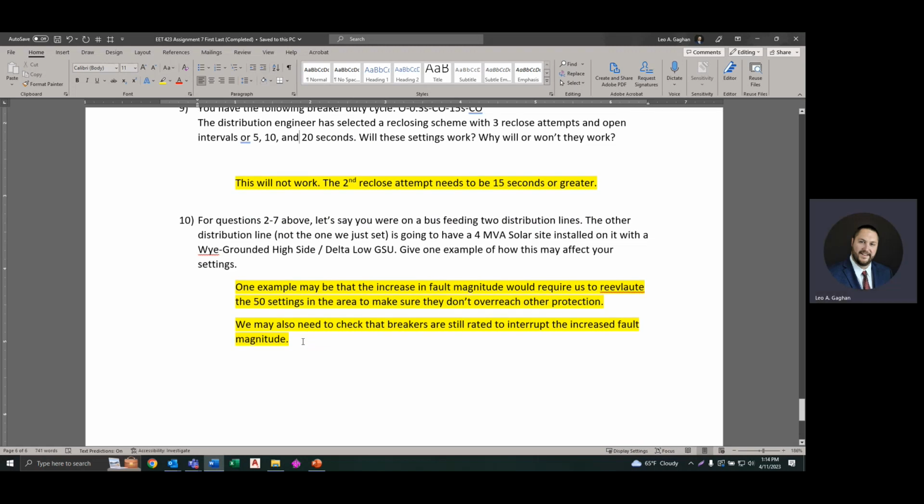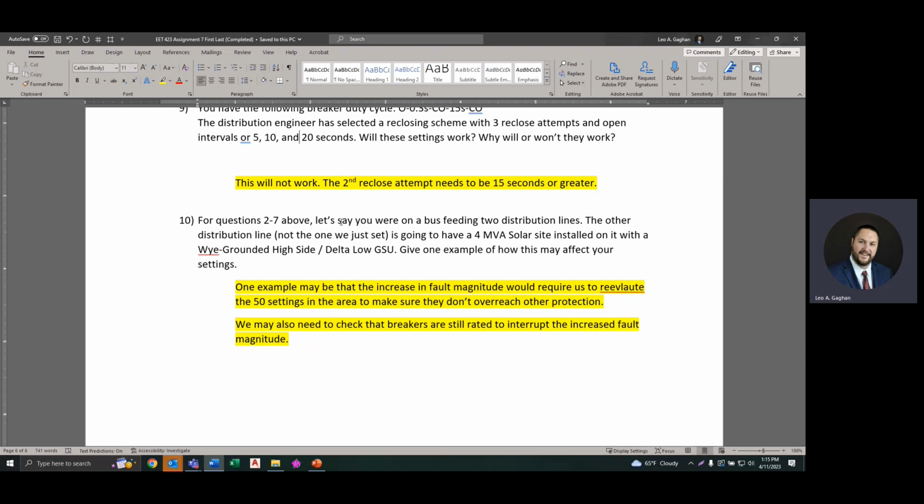And then for number 10, let's say you are on a bus feeding 2 distribution lines. The other distribution line, not the one that we just set, is going to have 4 MVA of solar installed on it with a Y-grounded high side delta, low side GSU. Give one example of how this may affect our settings.